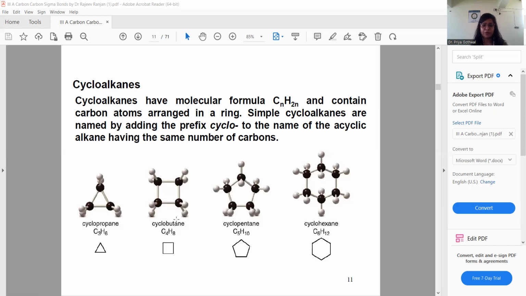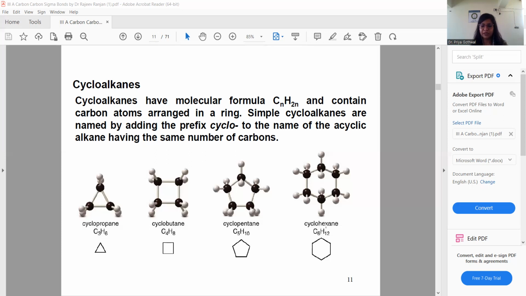Next, cyclobutane, with carbon number 4 and hydrogen 8, the molecular formula C4H8 in a cyclic form. Here we can also see the 5-membered cyclo compound, cyclopentane, having the molecular formula C5H10.